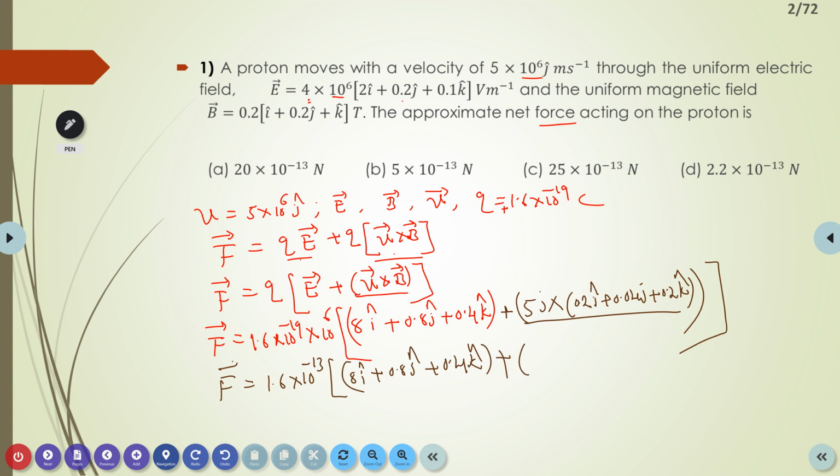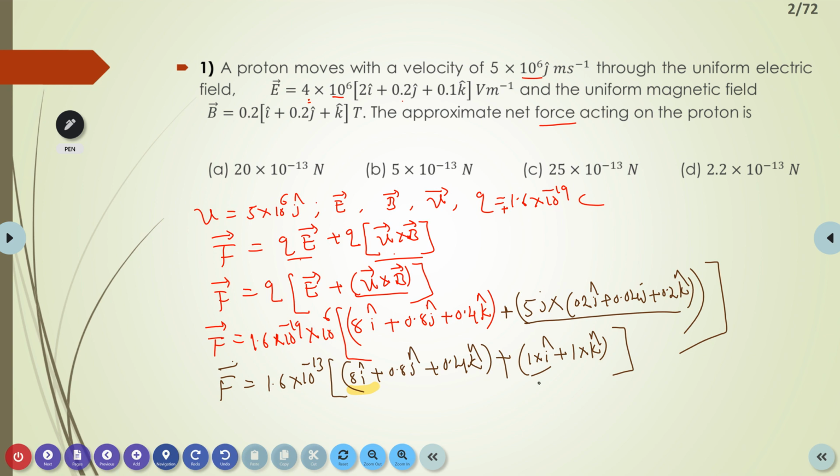You are getting 1 into i cap plus 1 into k cap. Now our job is to add these quantities: i, j, of course there is no j here, and then k.